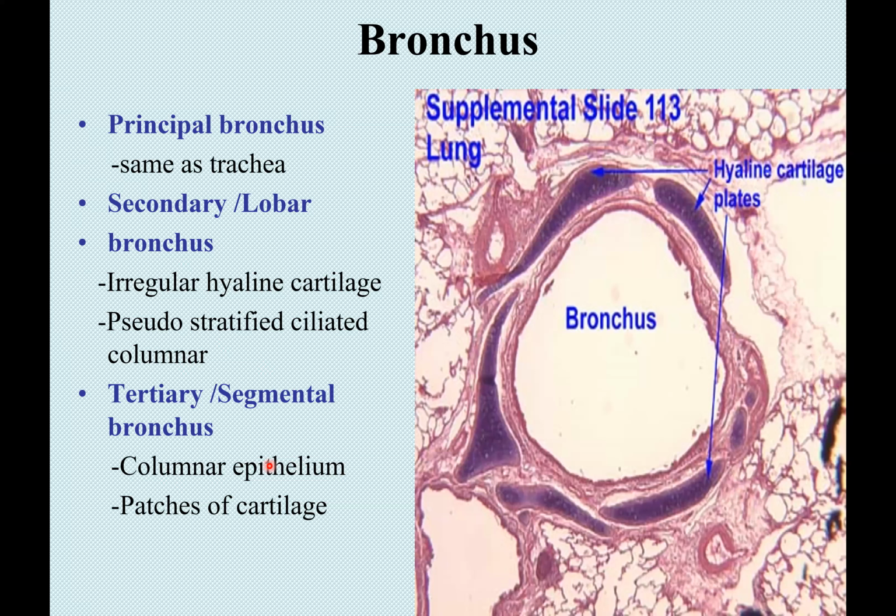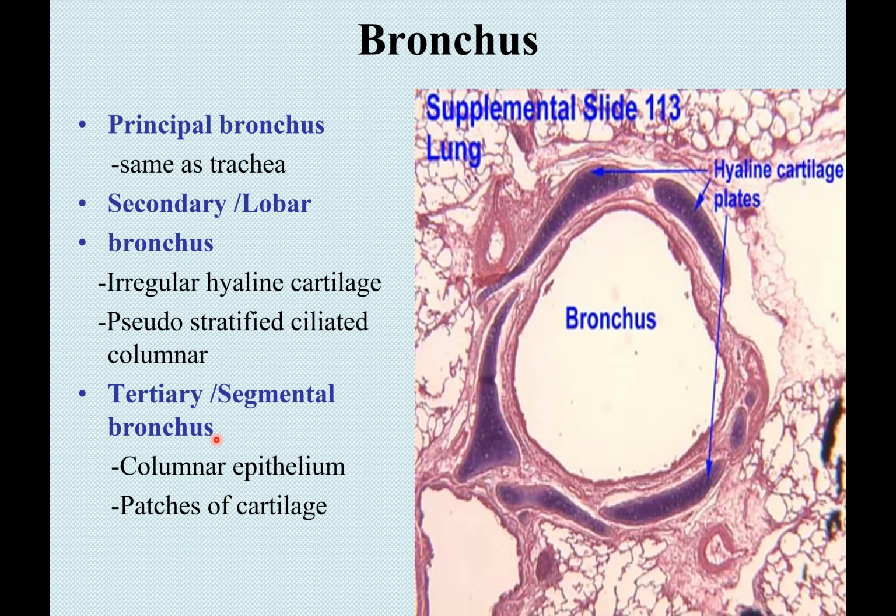So what is the difference between the mucosa of a secondary bronchus and a tertiary bronchus? You pay attention to the question, the mucosa. If you tell me patches of cartilage, that one is not in the mucosa, so you are wrong. The differences you see will always happen in the cartilaginous layer, the muscularis, the epithelium, and the type of connective tissue.